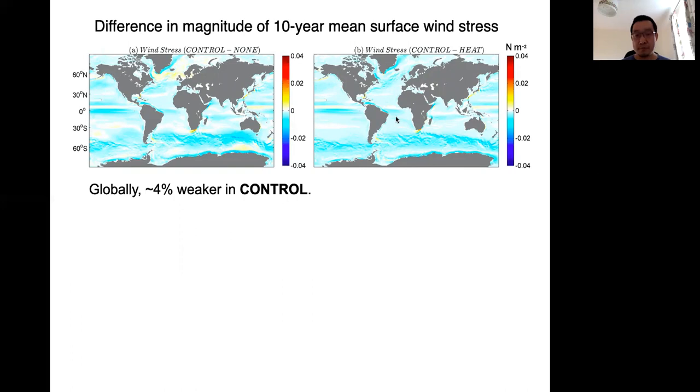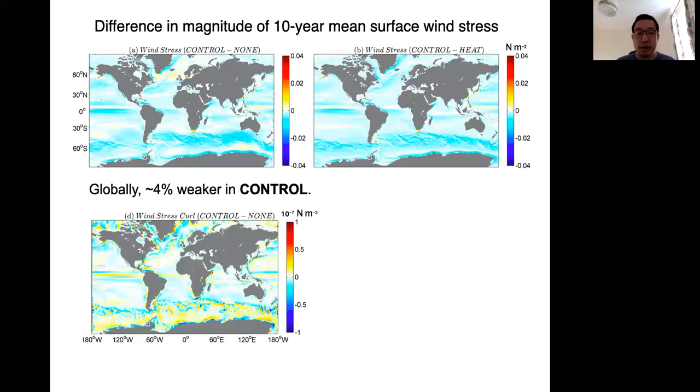That just means in general, the ocean surface current moves in the same direction as surface wind. Globally, the wind stress is weakened by only 4% when we take into account this relative wind stress. So it's a very small difference in terms of the mean wind stress.